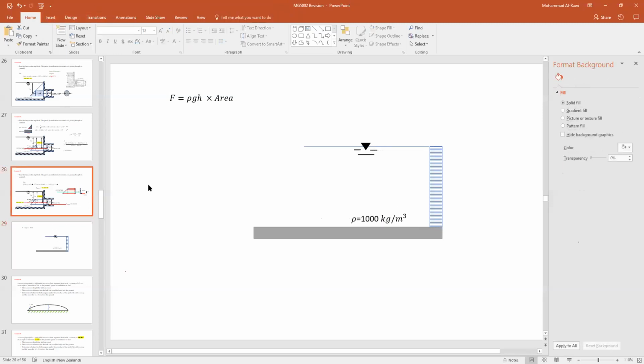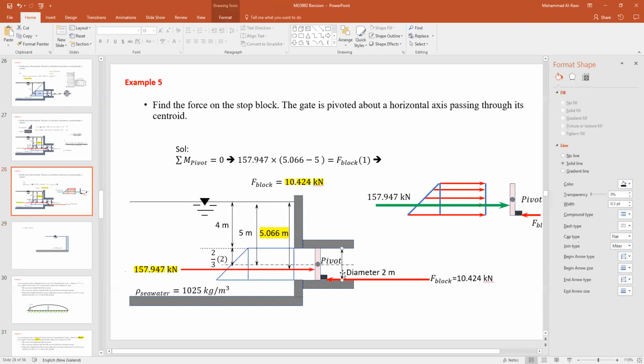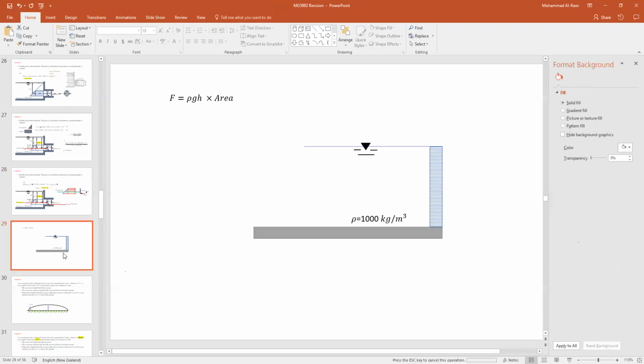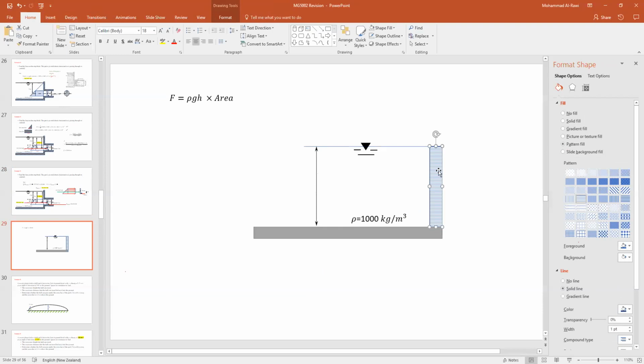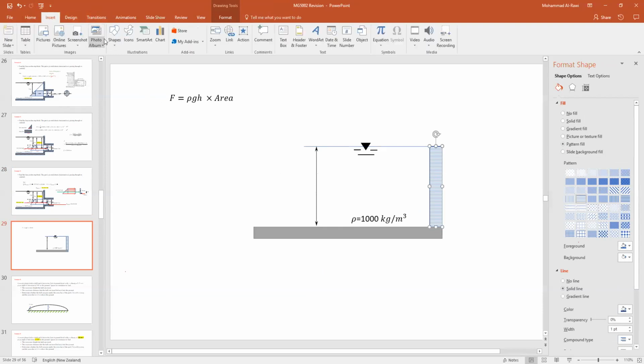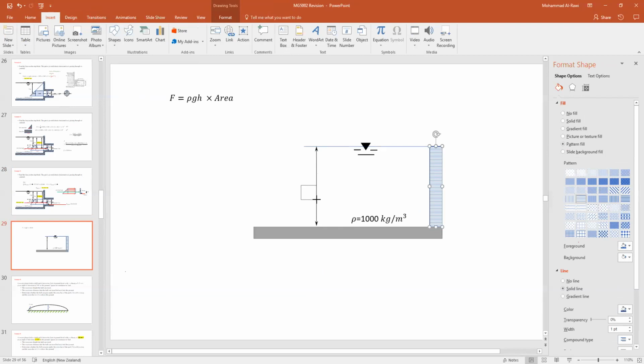Scenario one: this is the gate, and this is the value of 5 meters depth. Can we find the answer for it?